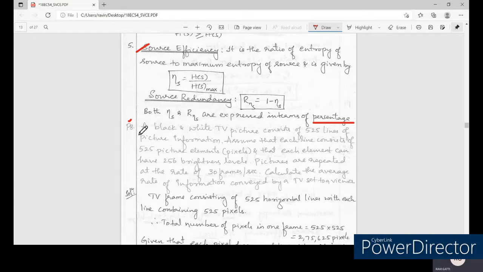So let us read once again what has been given, and let us recollect the information in the problem, so that we can arrive at the entropy information.